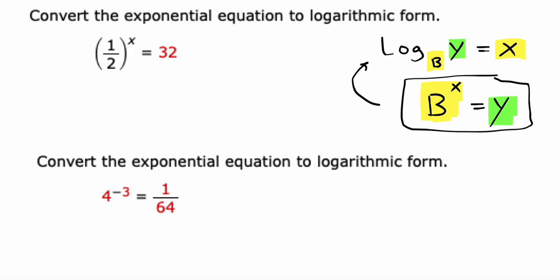All right, so this 1/2 is your base b of the log. And so we just got to write this now as log base b, which is 1/2, of something equals something.